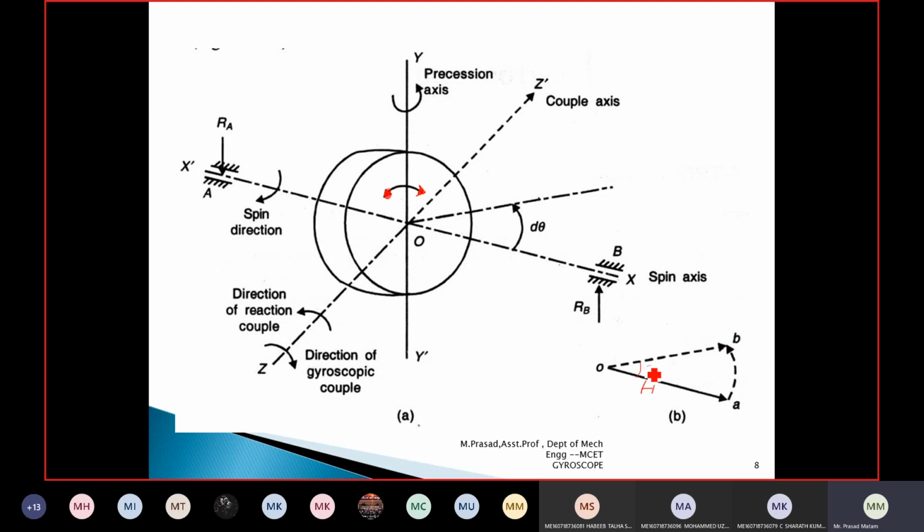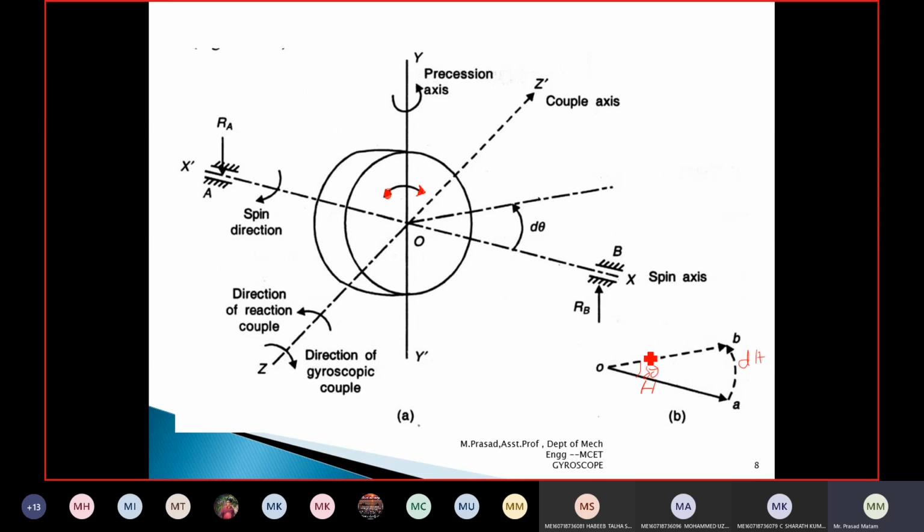It moves by an angle del theta, the change in angle with respect to the spin axis towards the precession axis. Now this angular momentum changes by dh. dh is the change in angular momentum when the disk moves from the spin axis to the precession axis.